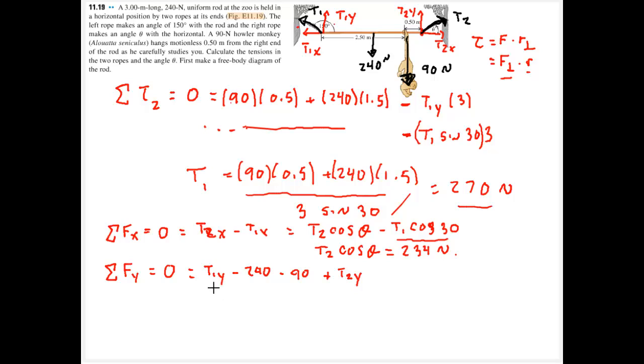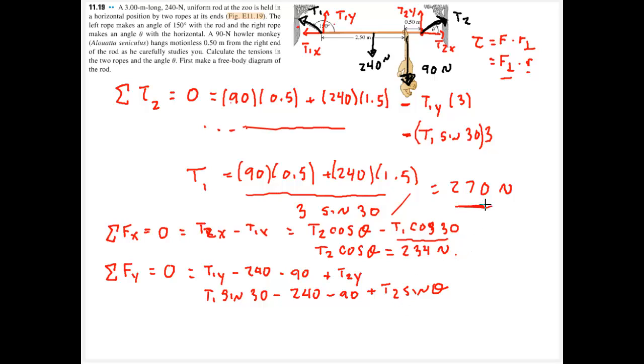And I can very similarly say that this is going to be tension 1 multiplied by the sine of 30, still got my 240 and my 90, and here I have tension 2 sine of the angle I don't know.